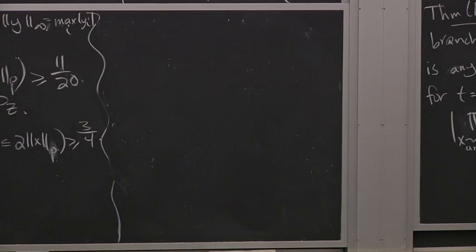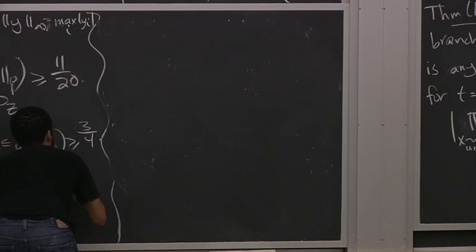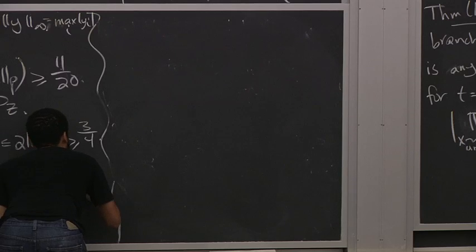So proof of this claim. Let Q be the min of u1 over x1 to the p, u2 over x2 to the p, through un over xn to the p.